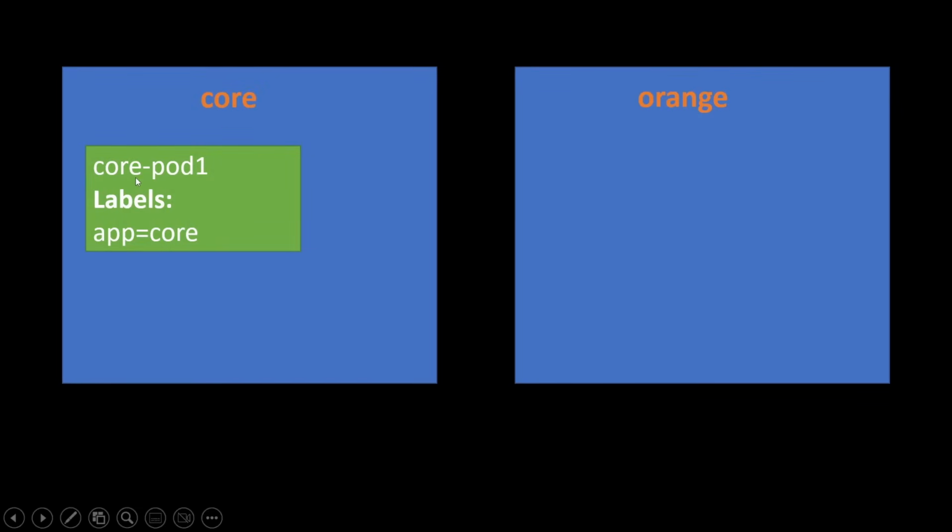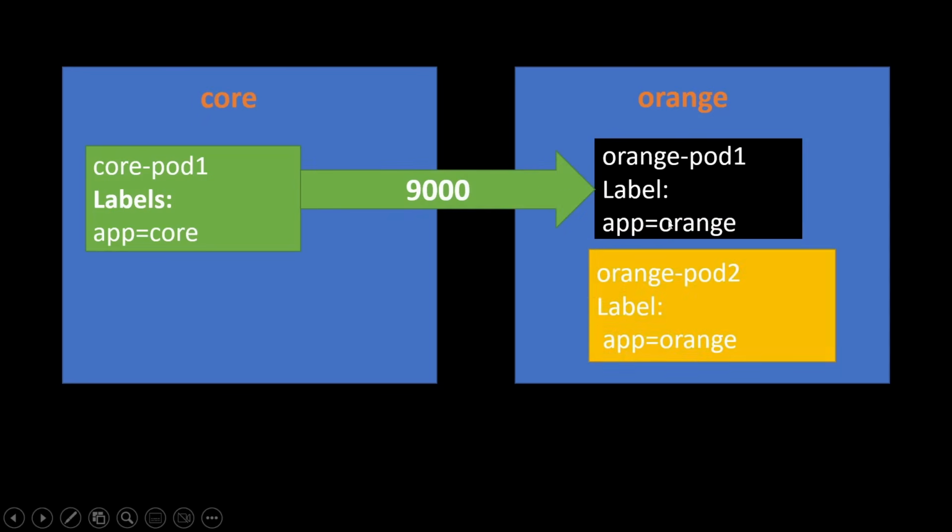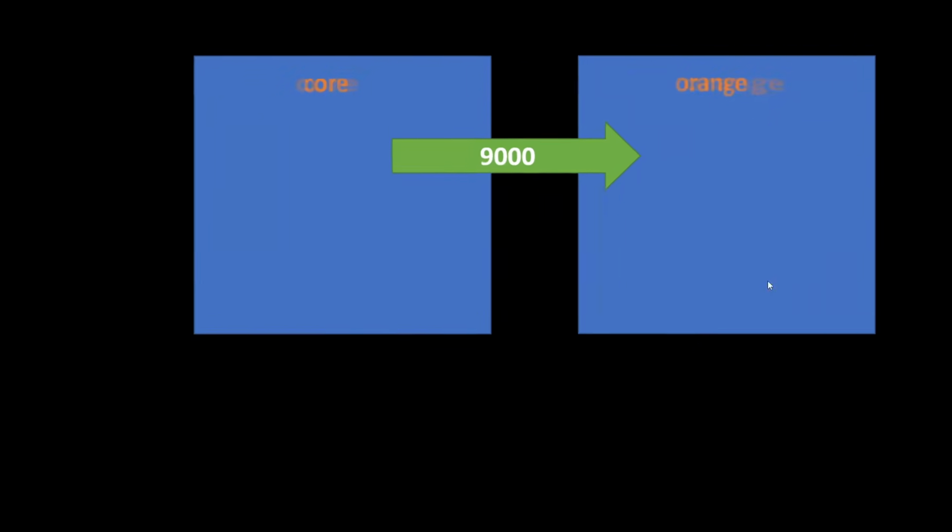In core, we have one pod running, named core-pod1, and the label we have set is app equal to core. Inside this orange namespace, we have one pod running with the label app equal to orange, and it should connect to port 9000. Also, there is another pod running which is app equal to orange.